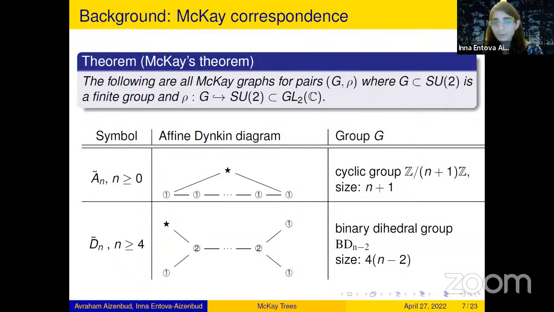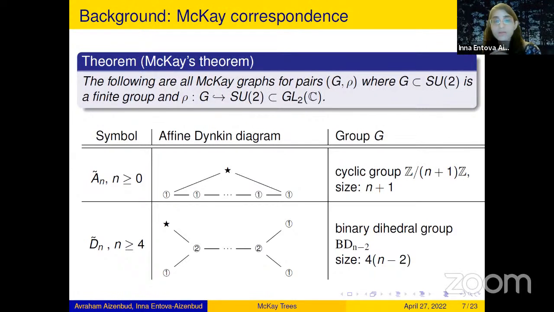So a little bit about where these graphs come from. The reason McKay was studying them is because there is a very beautiful correspondence, which I believe is due to McKay himself, but of course based on a lot of previous works on related subjects. Namely, if we consider finite subgroups of SU2 together with the natural 2-dimensional complex representation of these finite subgroups, we can draw the corresponding McKay graphs, and these McKay graphs turn out to be precisely the affine Dynkin diagrams, which are simply laced.